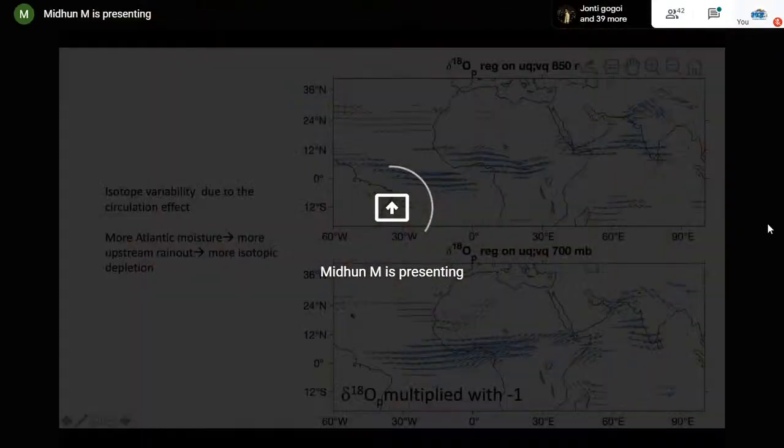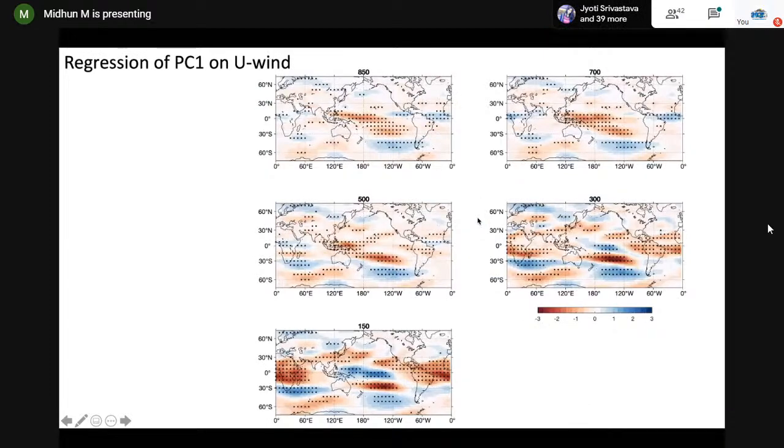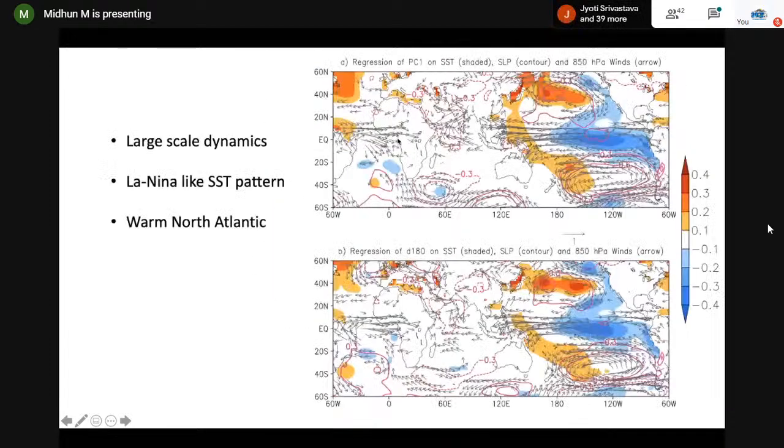If you look at this figure, this PC1 causes more moisture flux towards Addis Ababa here, and similarly you see an enhanced moisture flux towards the northwestern parts of India.